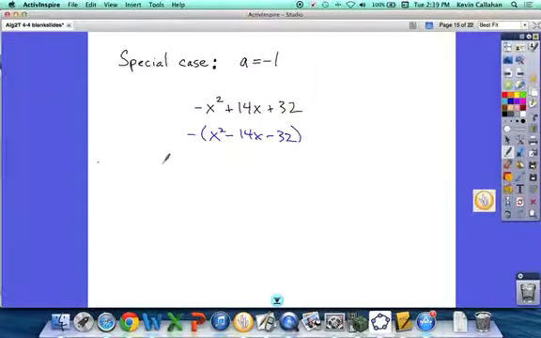The minus in front of the parentheses, if you distributed it, would give negative x squared, positive 14x, positive 32. So they take a step so that what's inside the parentheses now has a positive 1. Now you can use the kind of thinking we've been doing up till now. What two numbers have a product of negative 32 and a sum of negative 14?